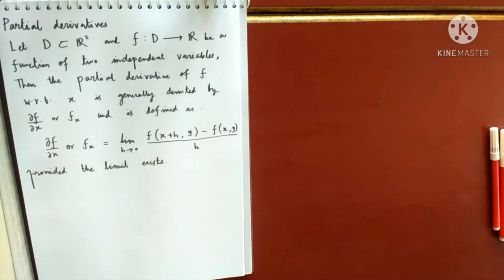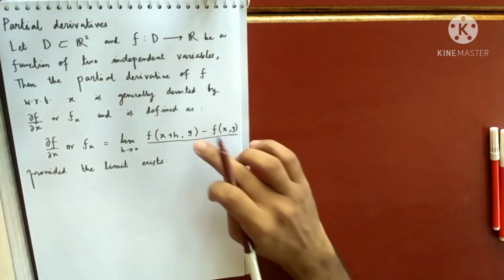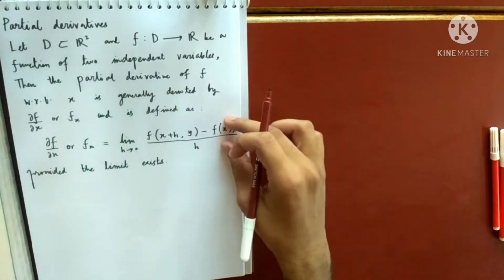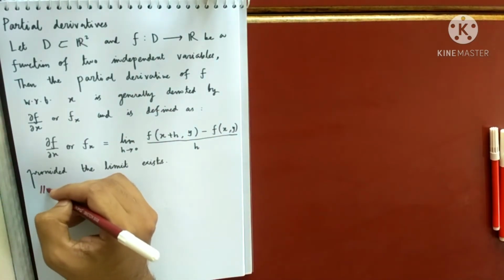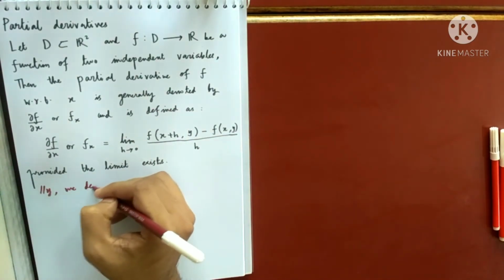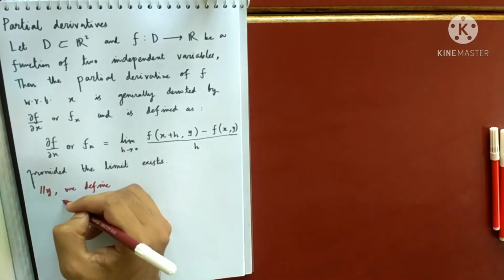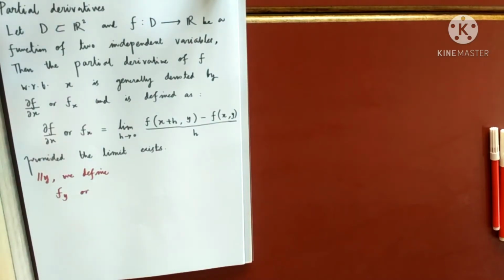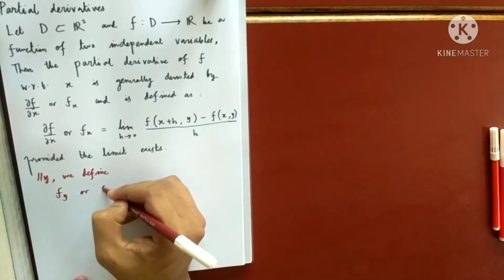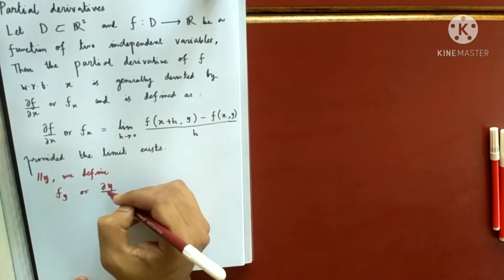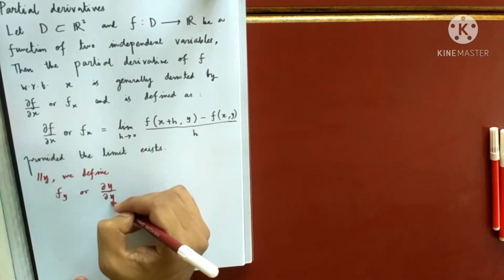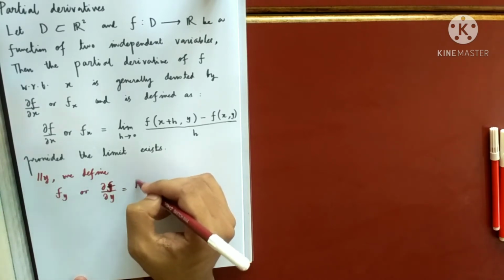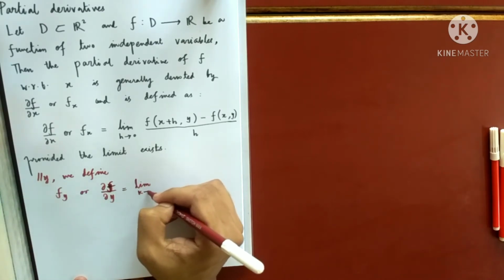Yes, sir. So the actual concept is this: keeping y constant, we are differentiating with respect to x, but this is the definition in terms of limits. Similarly, we define the partial derivative with respect to y. So del f del y, limit k tends to 0.